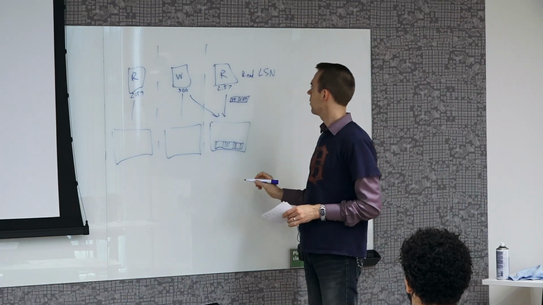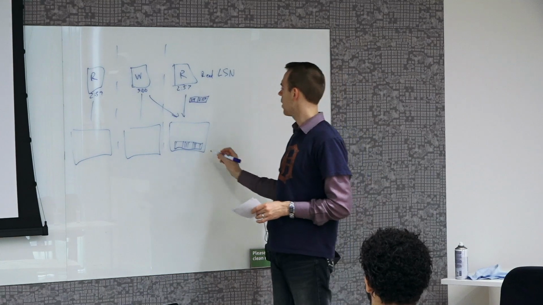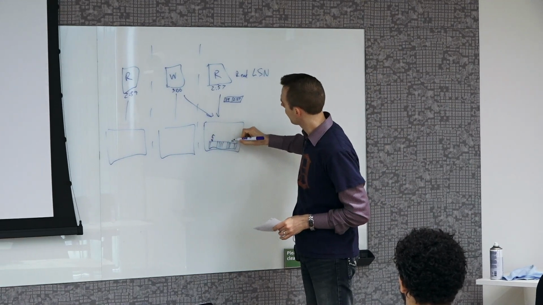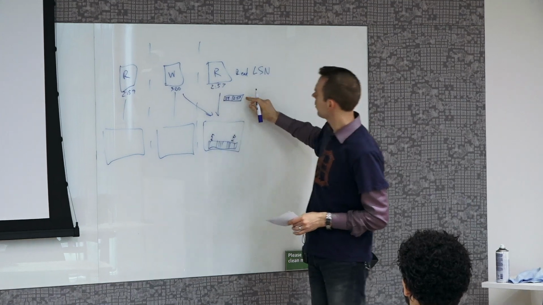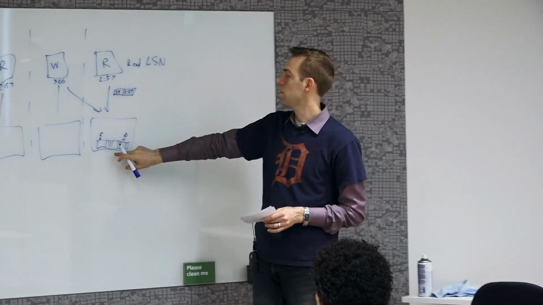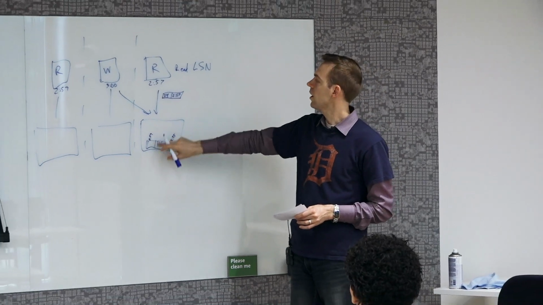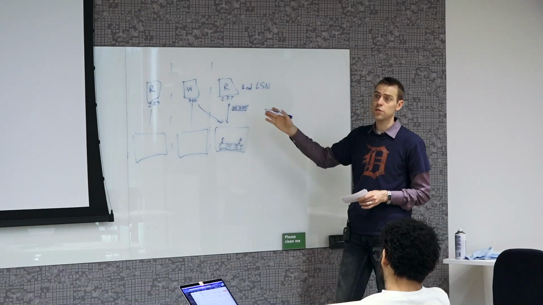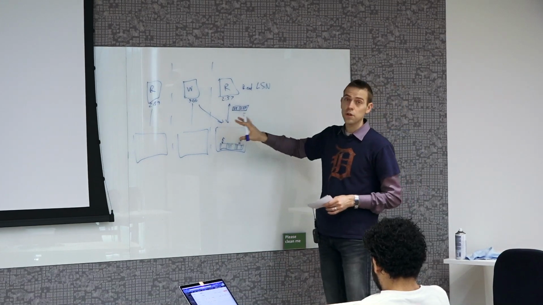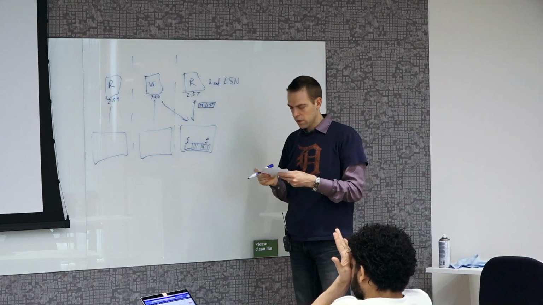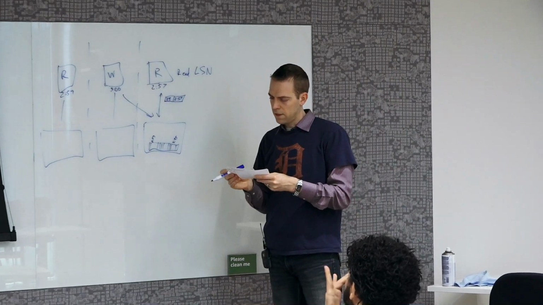So maybe he has a copy of the block from 259 and then one from 255. And he says, oh, 257, okay, I'll start with the 255 block, replay the changes up to 257, and then ship that version of the block up to the reader. So that's what's going on. It's really cool. It's very smart storage that it's able to do that.